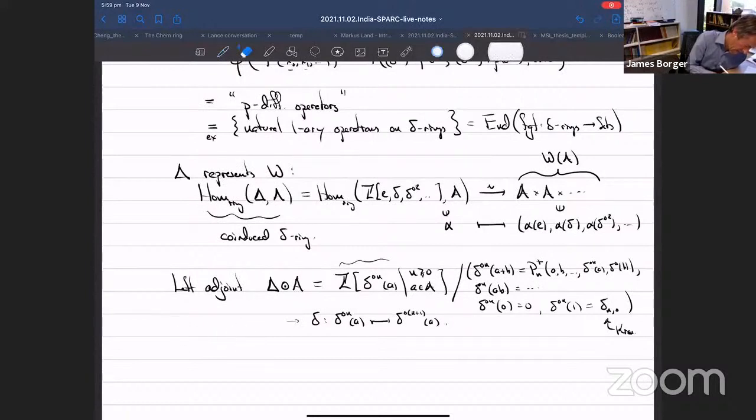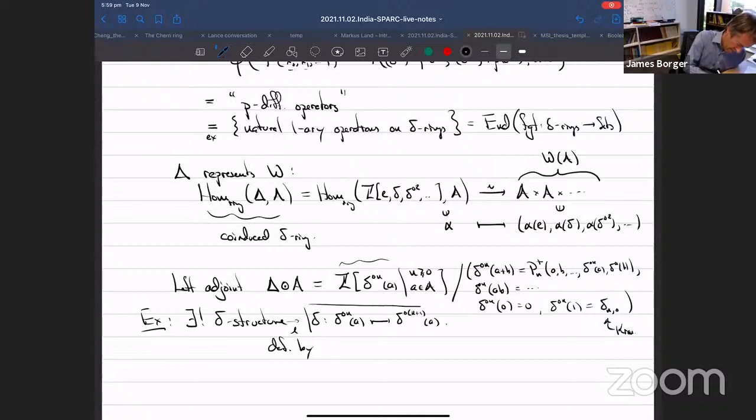So there exists a unique delta structure defined by that. The uniqueness is clear because these are generators. What you need a little bit of an argument to show is that they're compatible, so there exists such a delta structure.